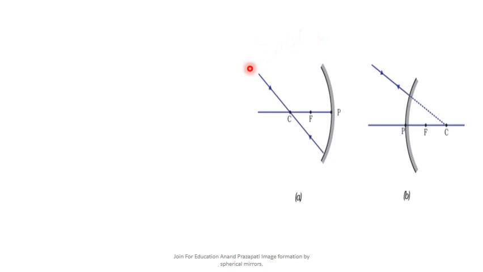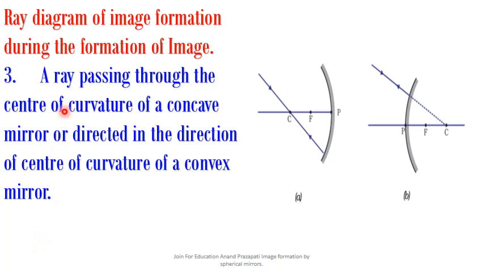This is the third property of the ray diagram. A ray passing through the center of curvature of a concave mirror or directed in the direction of the center of curvature of a convex mirror returns along the same path.